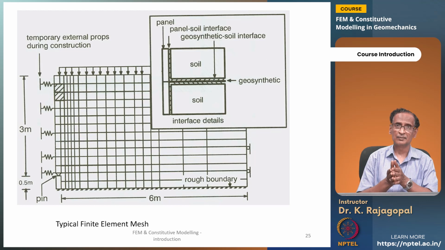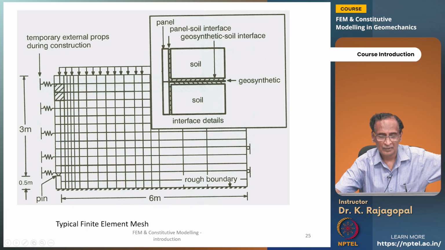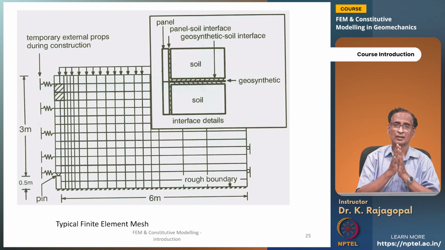The soil is the weakest among all these 3 materials, and at the junction between these different materials, what do we do? We have to allow for separation or sliding, otherwise we will be unduly increasing the strength of the soil, because if you allow the soil to bond with the facing panel, it will behave as if it is as strong as the facing panel.